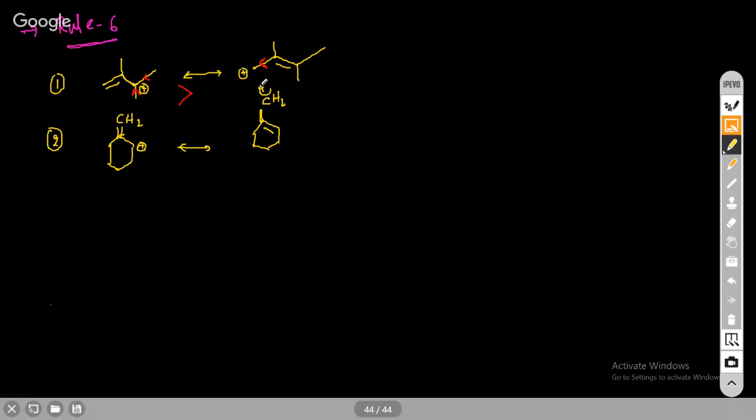This is not the double bond. Okay, take care of this. This is single bond only, not double bond. Which one is more stable here? A or B? Which one?